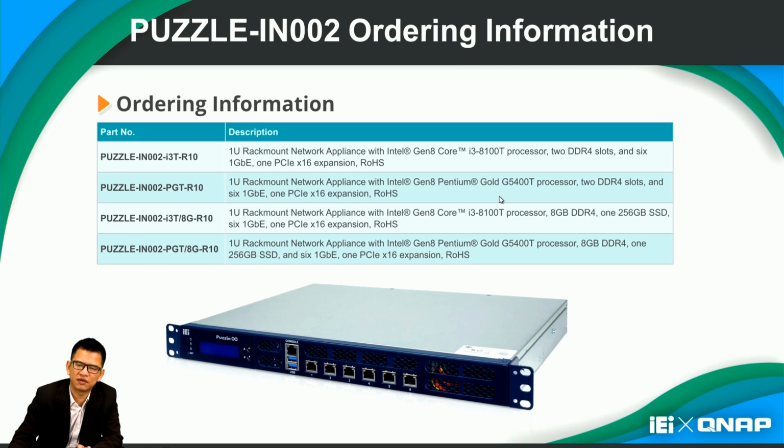This one is also a very high value CPU. And just like IN001, the first two models support pre-installed CPU, memory, and SSD, and the other two models only pre-install the CPU.